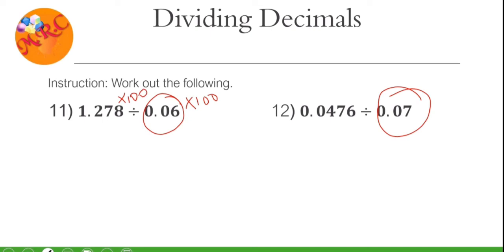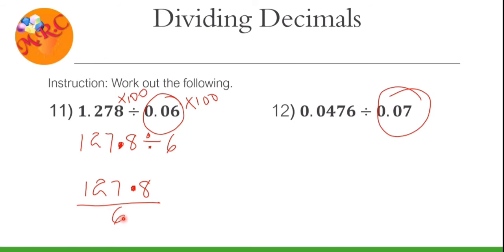So now that I multiply 1.278 by 100, that now becomes 127.8 divided by 6. Let's just write it as a fraction, 127.8 divided by 6.